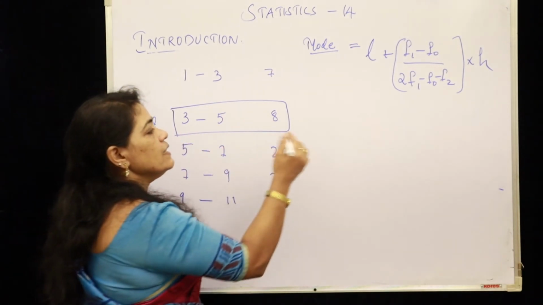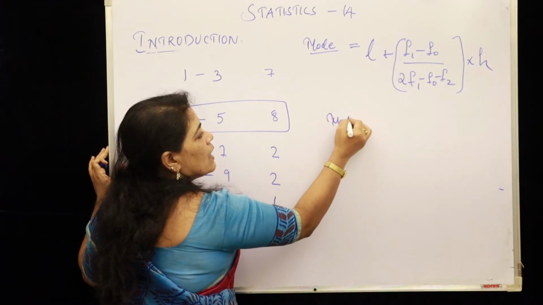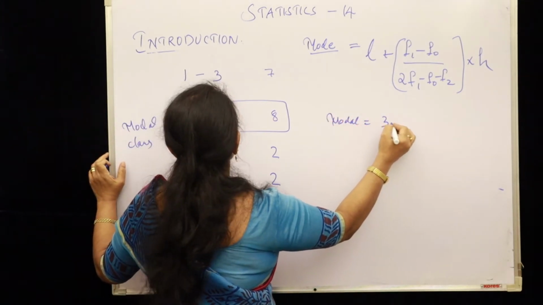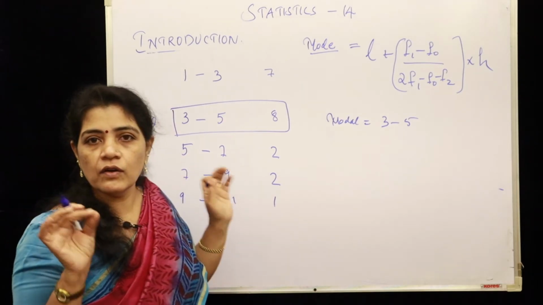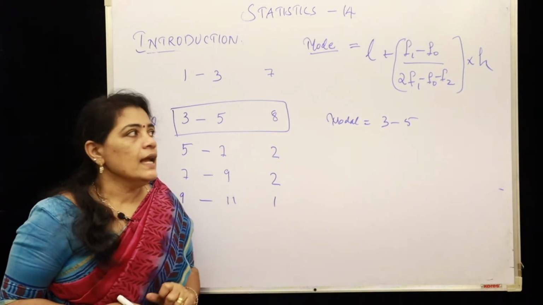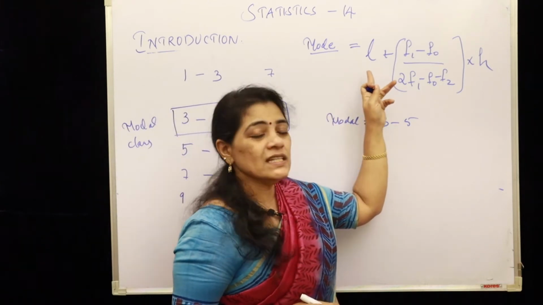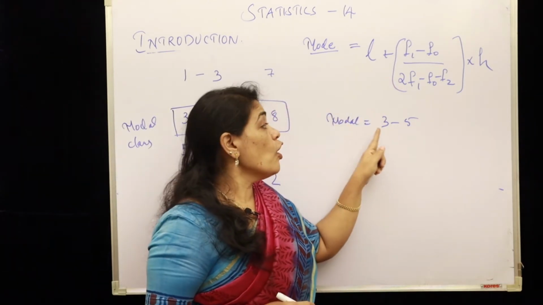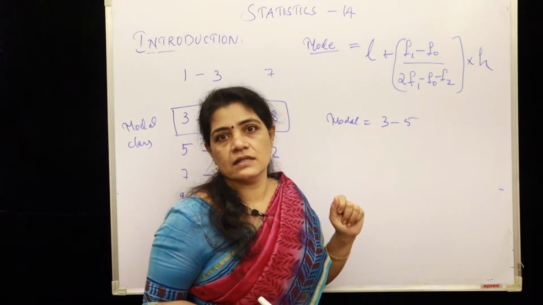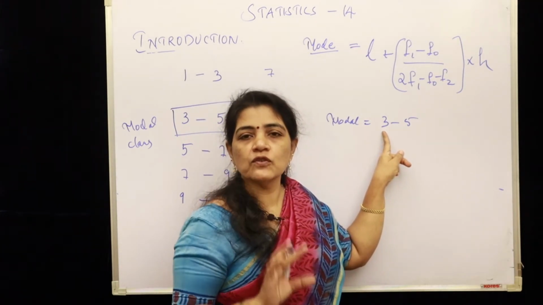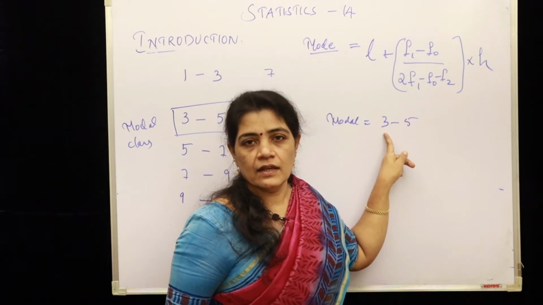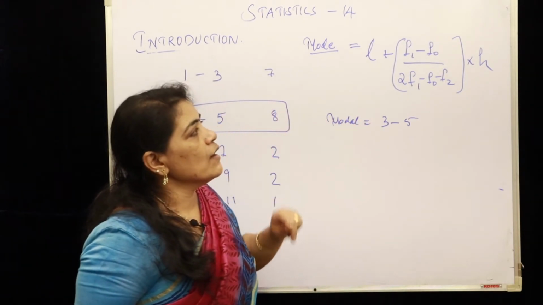So here in this problem, the modal class is 3 to 5, the class having maximum frequency, that is 8. And what are the other things? L denotes the lower limit of the modal class. Here that is 3, since in the class interval 3 to 5 the lower limit is 3. And what is F1?